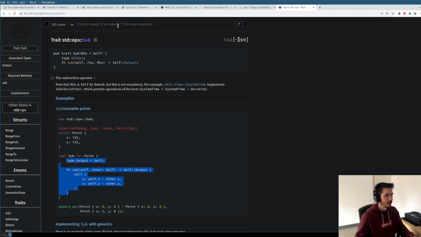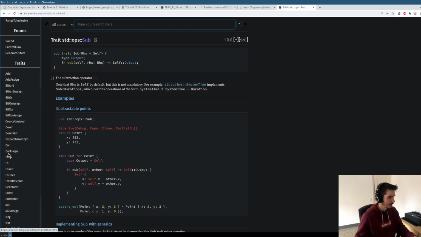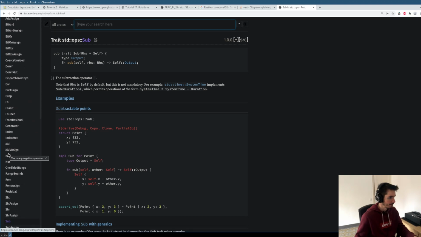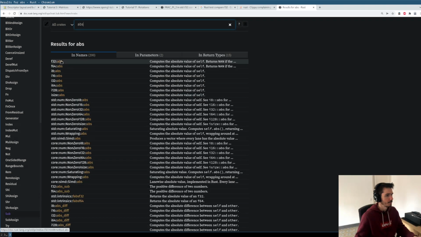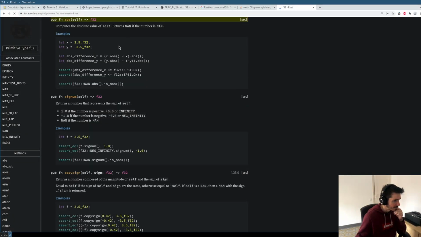do we have a trait for absolute? Is there a trait defining this operation?